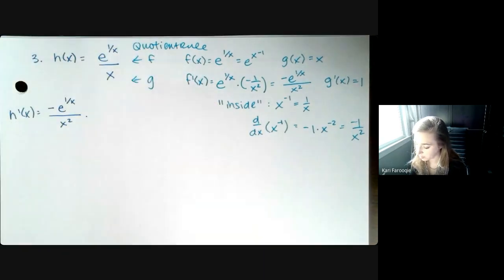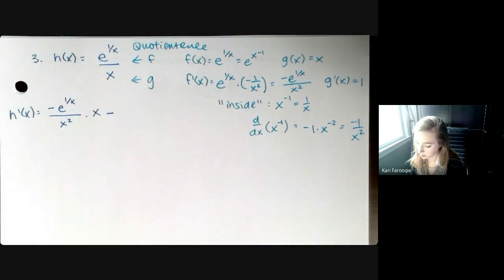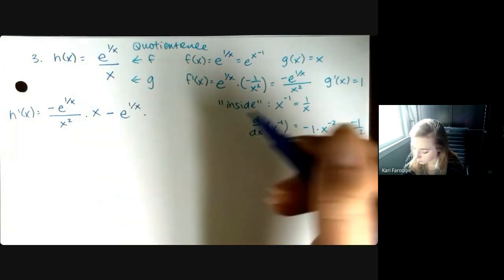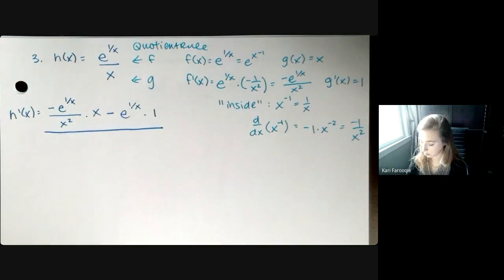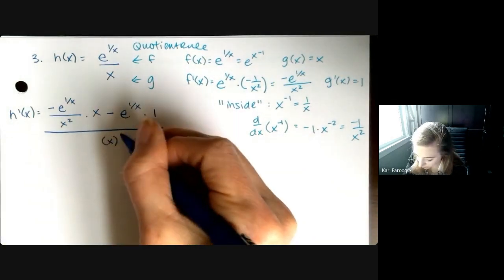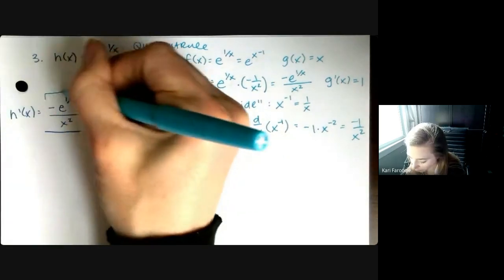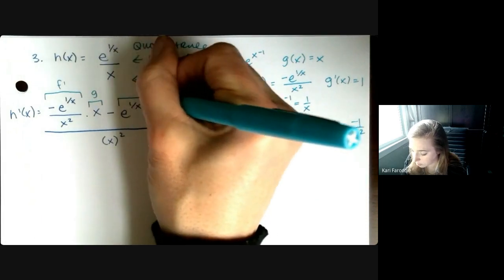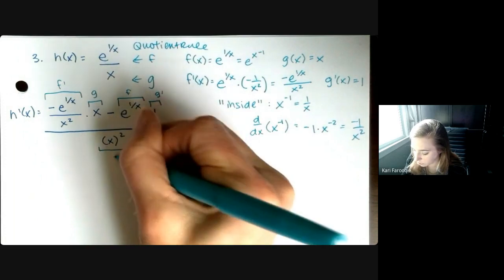So that's f prime, and then g is x, minus f, I'm going to leave it as is, times g prime, all divided by g squared. And I'm going to label this too so that it's clear where everything's coming from. So this is f prime g minus f g prime all divided by g squared.